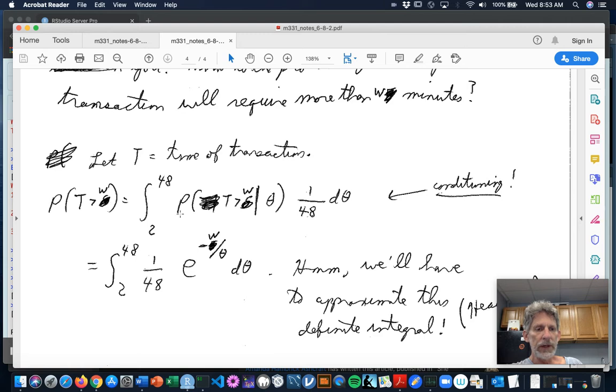This probability should be the sum of the probability of this times the chance that theta is equal to exactly that little theta. Well, here theta is a continuous random variable, so the probability that capital theta turns into a particular little theta is always 0, but we do have the density.